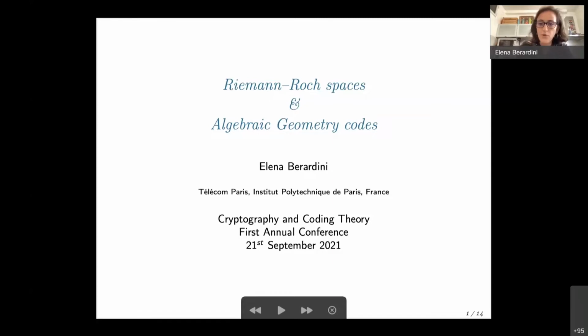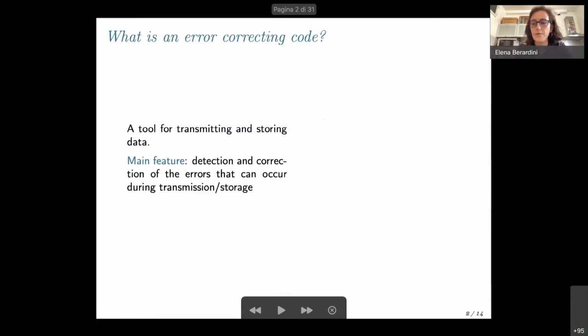First of all, let me tell you what an error correcting code is. It is a tool that allows you to transmit and store data, which has the feature that you can detect and correct the errors that can occur during this transmission.